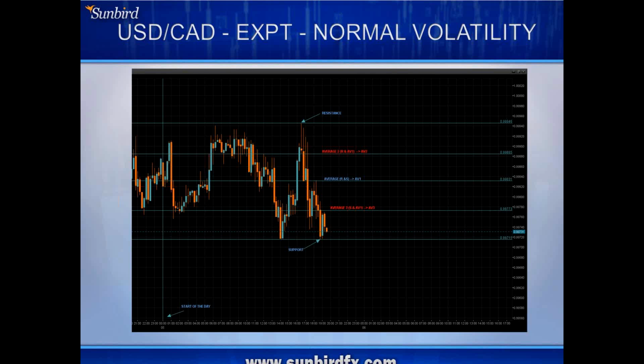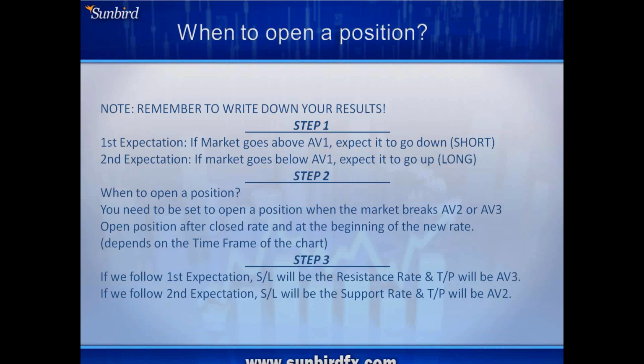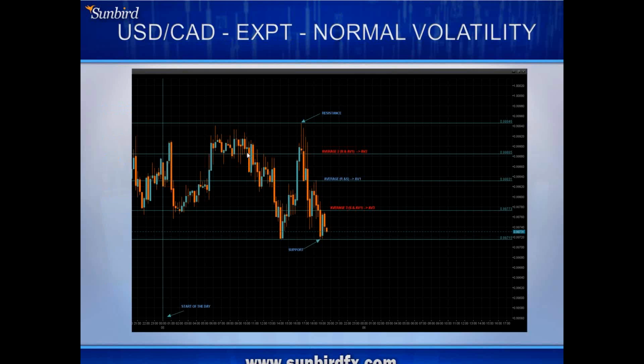Okay. Let's do our second expectation. Second expectation: if the market goes below average 1, expect it to go up, to go long. So here it went back down.